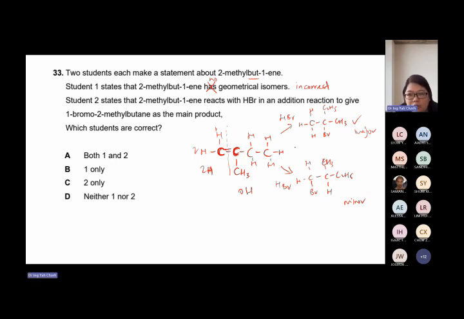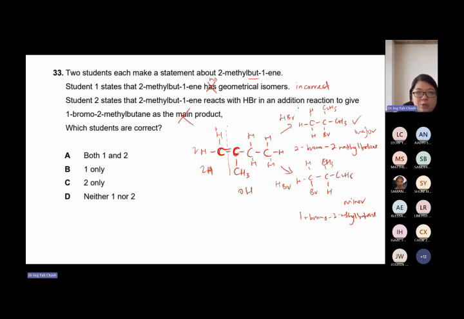So let's name the major product. This is called 2-bromo-2-methyl-butane, butane because there is no more double bond. This one is 1-bromo-2-methyl-butane, the minor product, not the main product.